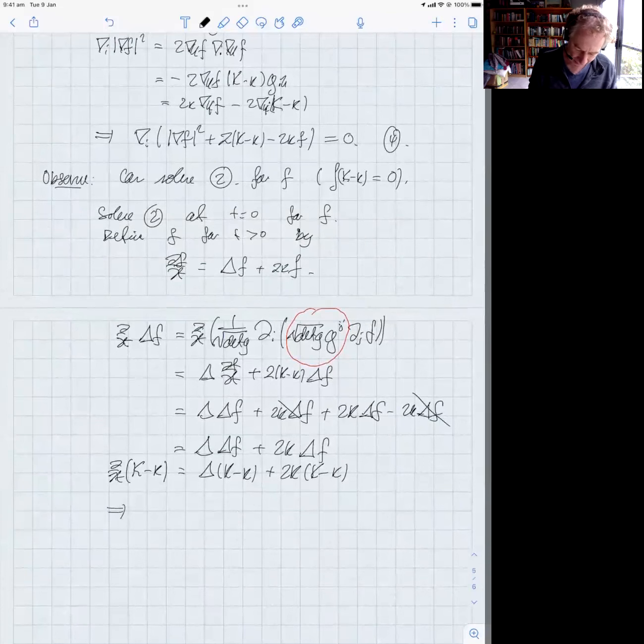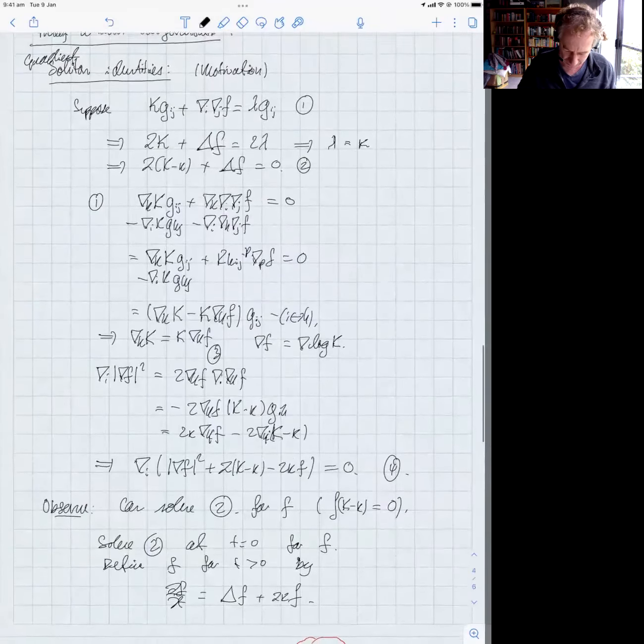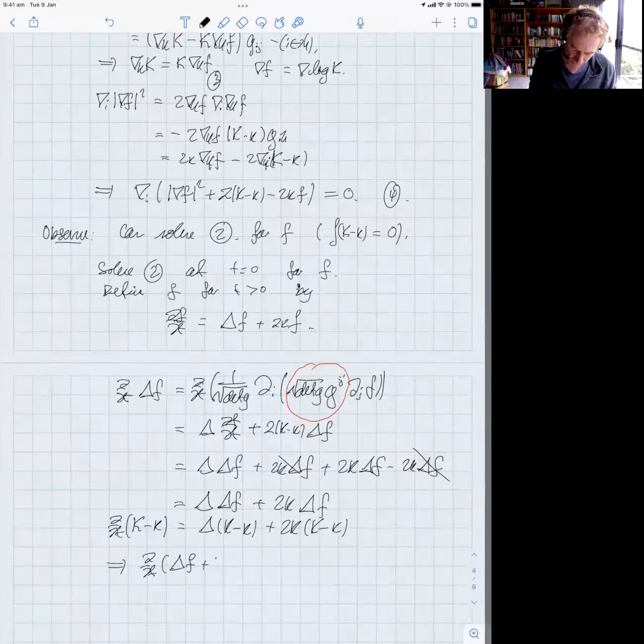And so I can say d/dt of Laplace f, let's see, I want Laplace f plus twice (k minus kappa) is Laplacian of the same thing, plus 2k times the same thing.